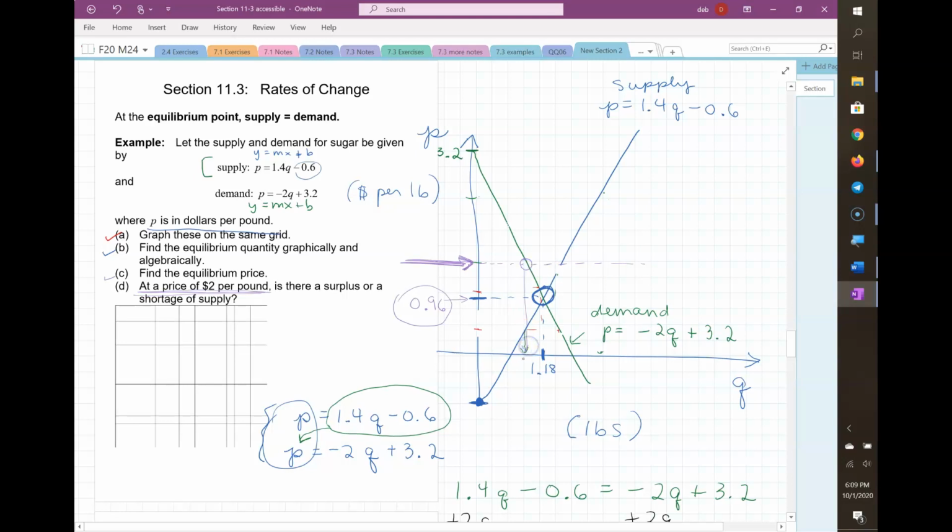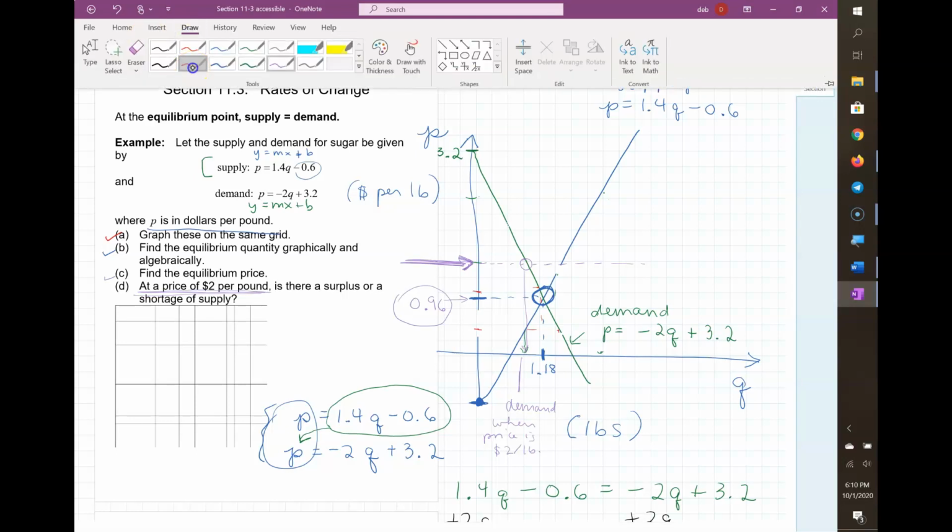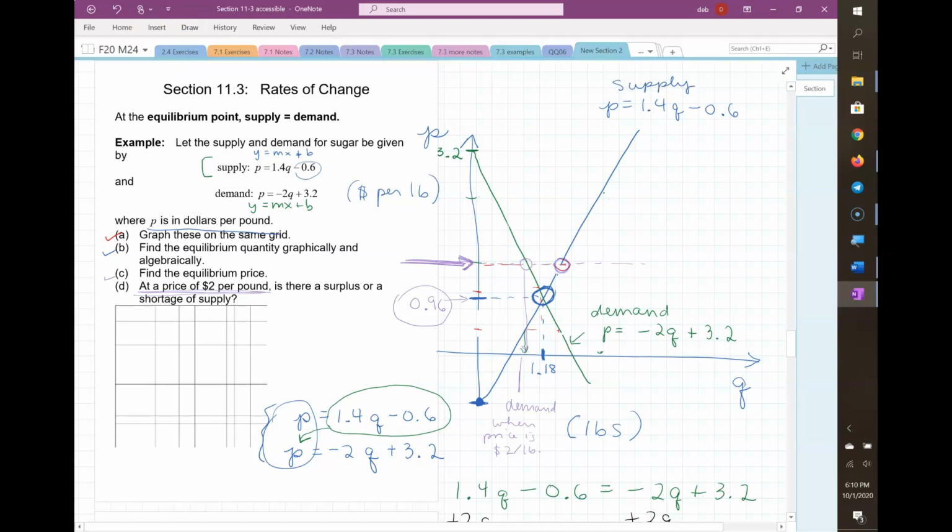So it would say the demand is somewhere over here when the price is $2 per pound. And then the supply is way over here. This is the supply at $2 per pound. So can you see that the supply is bigger than the demand?